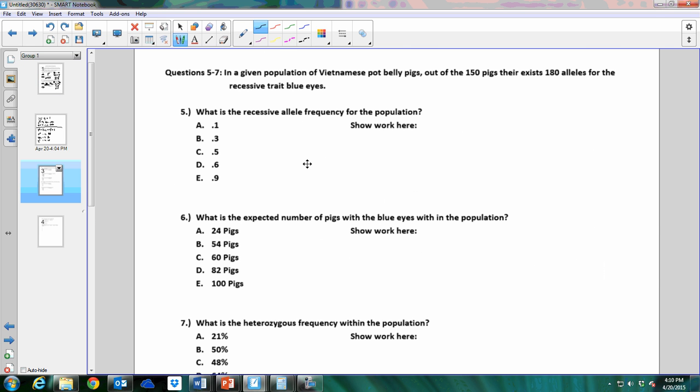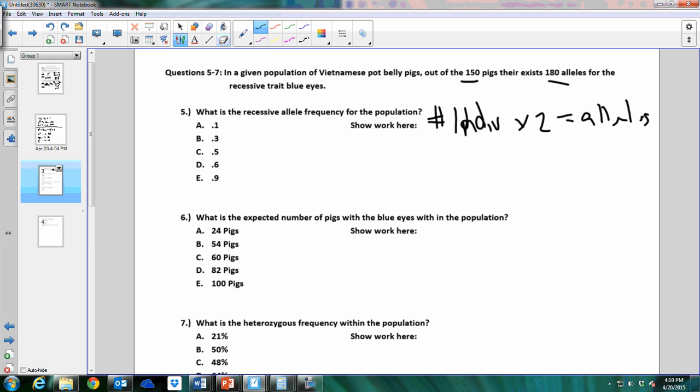Given a population of Vietnamese potbelly pigs, out of 150 pigs, there exist 180 alleles for the recessive trait blue eyes. All right, so a little bit of a curveball here. We're given the number of pigs at 150, but we're also given the number of alleles for the recessive trait. Well, how many total alleles are in the population? You take the number of individuals times 2 to get the number of alleles.